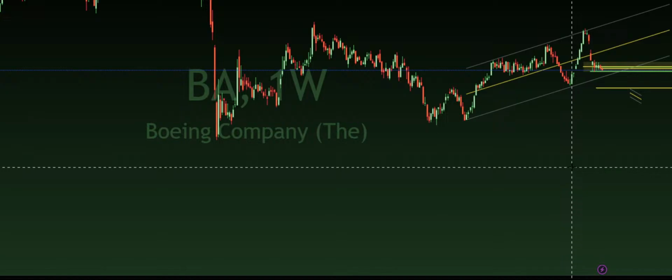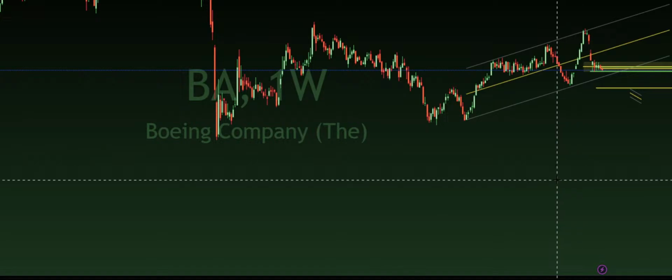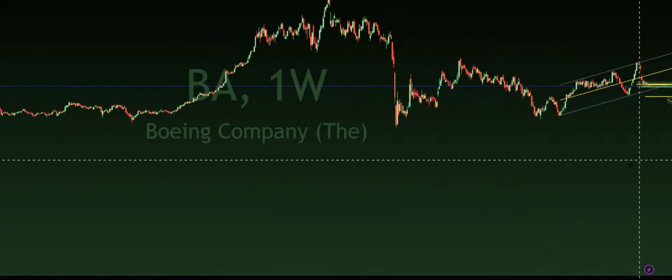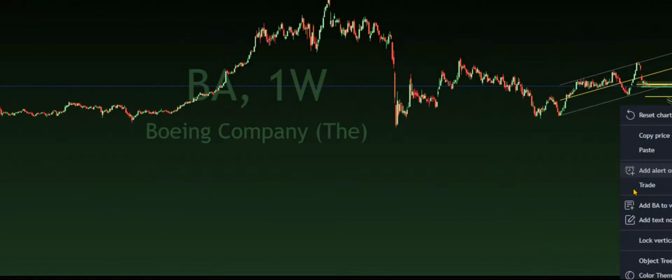Establishing whether a stock is in an uptrend or a downtrend comes with this naturally. So you should be able to naturally establish whether the stock that you're watching is in an uptrend or a downtrend just by doing what I just told you.